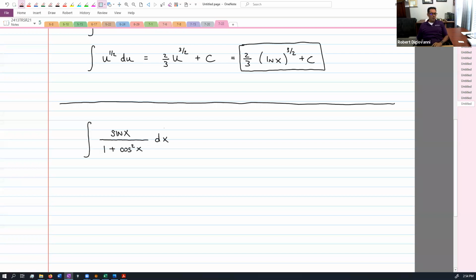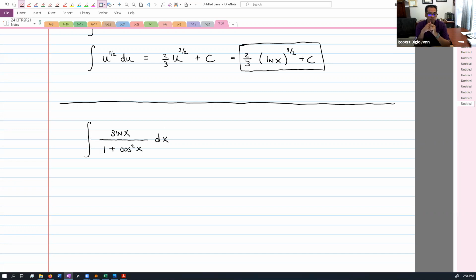Now that's 1 plus cosine squared x, not 1 minus cosine squared x. If it were 1 minus cosine squared x, then I could turn that into sine squared x, and then this problem would be a little easier. Well, actually it might be harder because then that would be cosecant. We don't know the antiderivative of cosecant, but it's not a minus, it's plus. So you can't split this up into 2 fractions because you have a single term on the top, 2 on the bottom. Can't split it up.